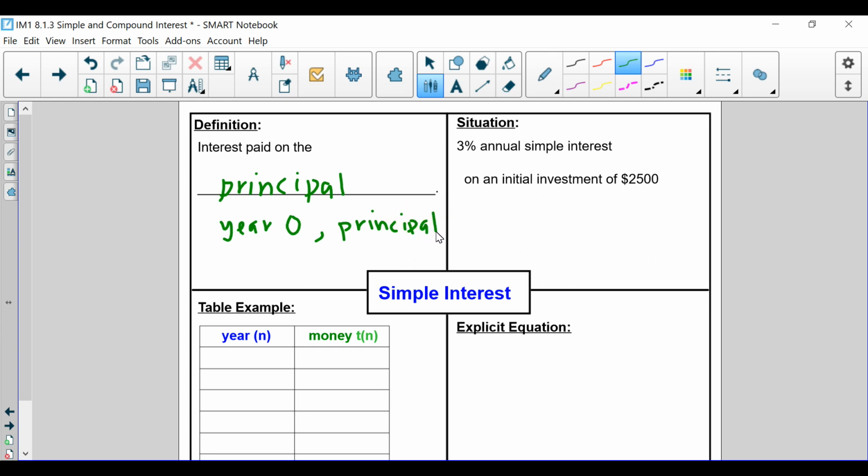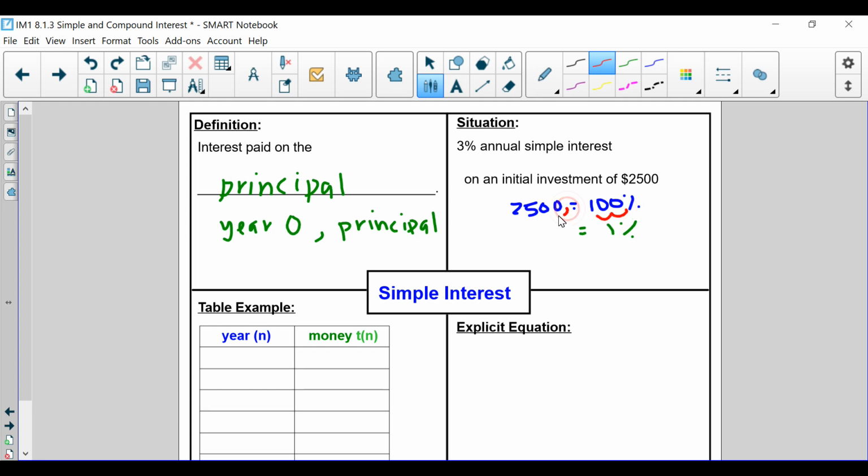So let's see if we have 3% of an initial investment of $2,500. What's that going to be? Well, I know that 2,500 is 100%. And if you want to find 1%, all we have to do is move the decimal over 1, 2, because 100 becomes 1 by moving the decimal over 1, 2.